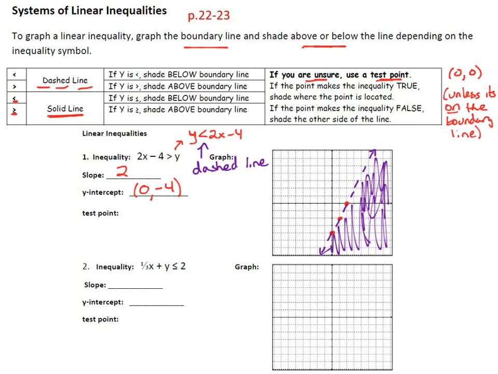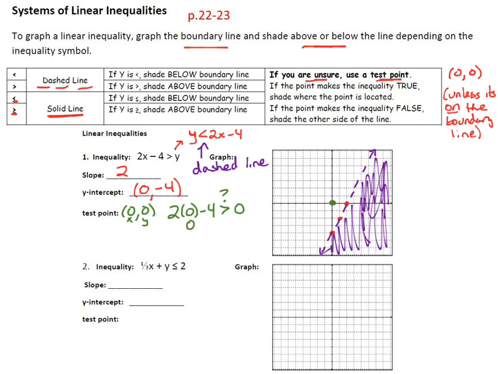And again, we want to test. My test point that I'm going to use is 0, 0. So there's my x, my y that I'm going to substitute in. And see, does 2 times 0 minus 4 give me something that's greater than my y value of 0? Is that a true statement?